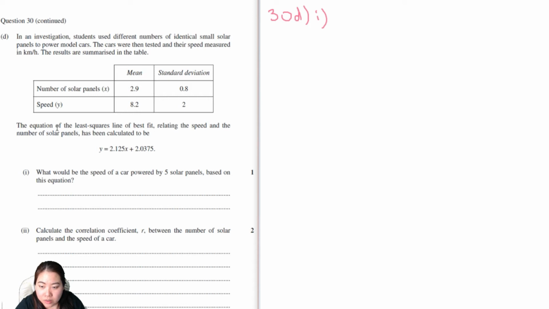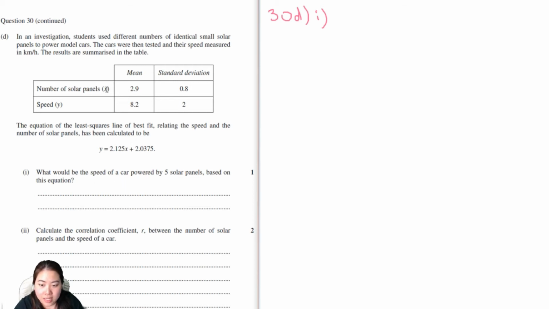The equation of the least squares line of best fit relating the speed and the number of solar panels has been calculated to be this. 1. What would be the speed of the car powered by 5 solar panels based on this equation?